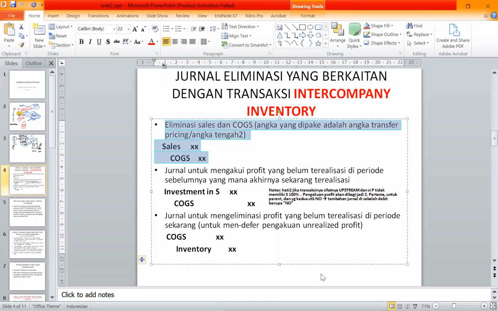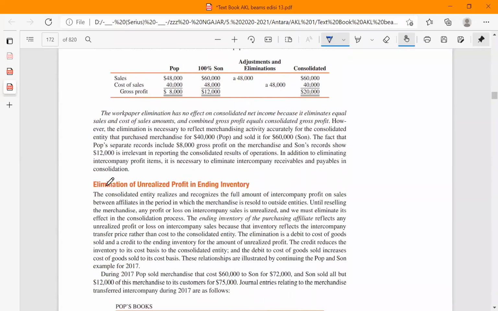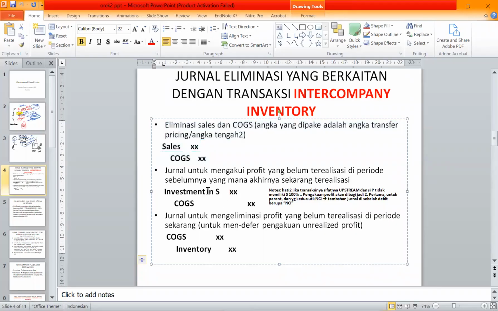The second journal entry is related to the elimination of unrealized profit in ending inventory. We have to eliminate the unrealized profit in this current period, and the journal entry is cost of goods sold on the debit side and inventory on the credit side.